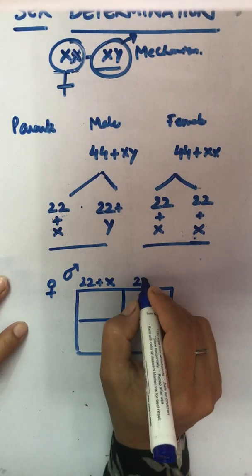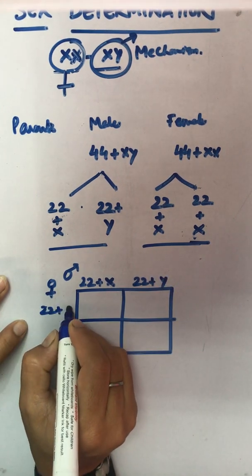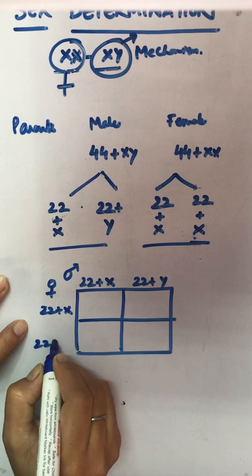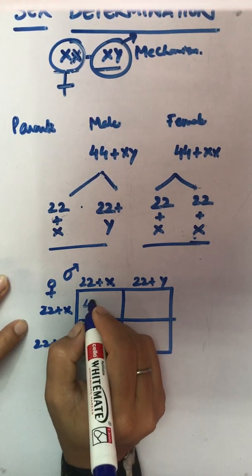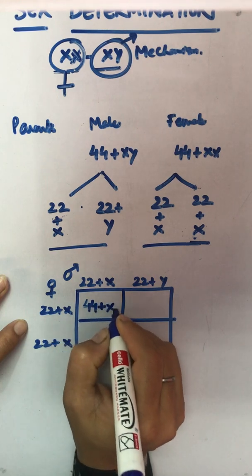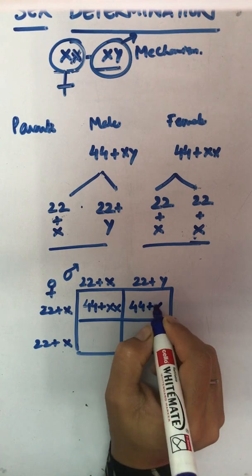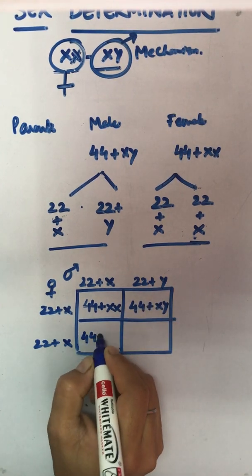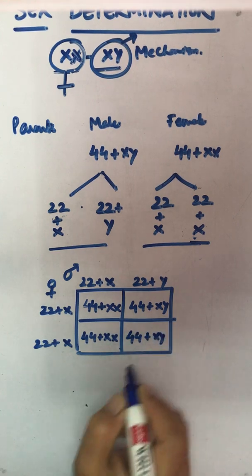We write 22 plus X and 22 plus Y, and 22 plus X and 22 plus X here. This will come out to be 44 plus XX, 44 plus XY, 44 plus XX, 44 plus XY.